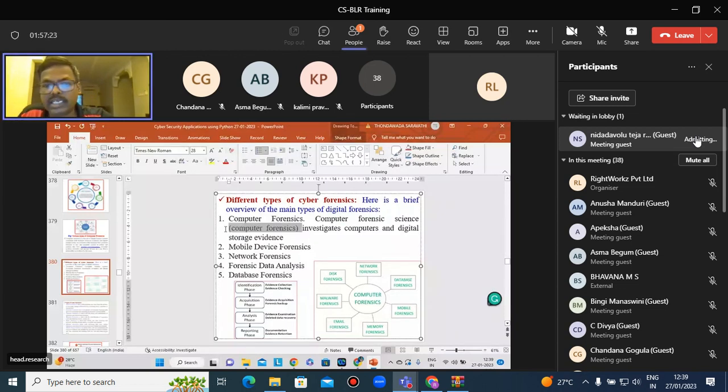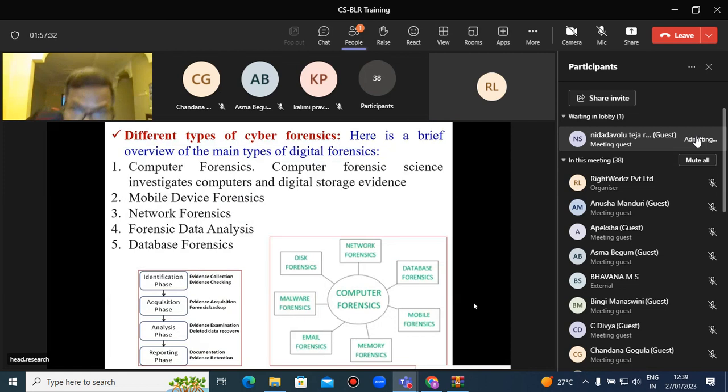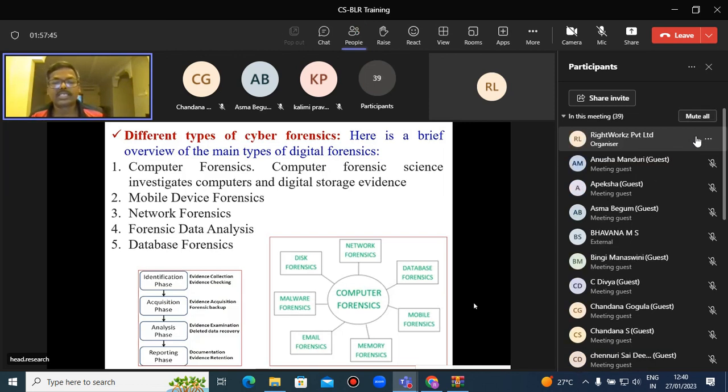That data theft comes under computer forensics. Next, mobile device forensics through mobile, network forensics, forensic data analysis, database forensics. So these are the various types of cyber forensics.